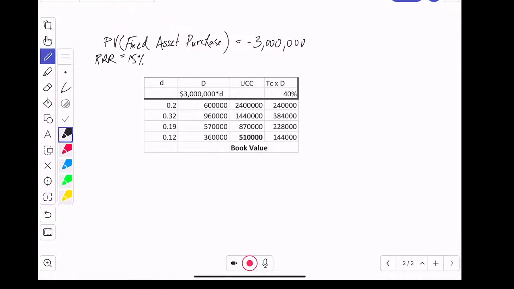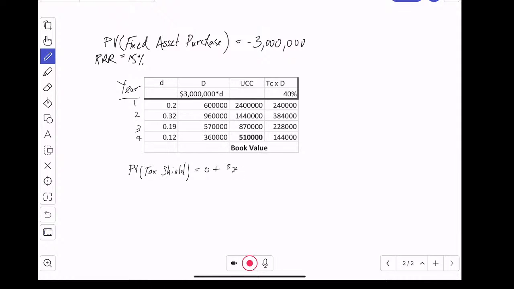So let's put together the present value of the tax shields. I put a 0 in there just to remind you that this starts at year 1. I should actually write 1, 2, 3, 4 to remind you. Did I say 24,000?